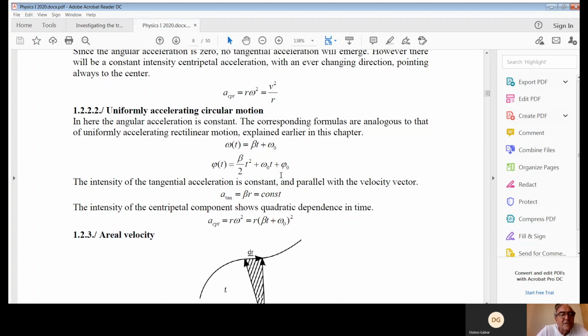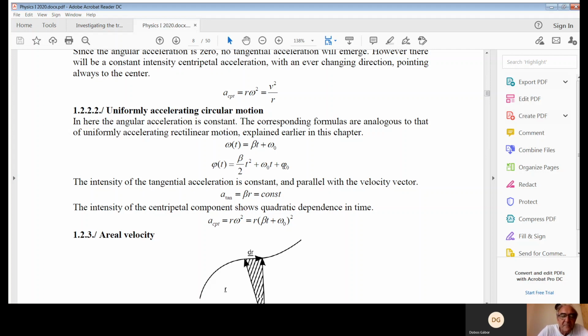Now comes the next point, uniformly accelerating circular motion. In here, the angular acceleration is constant. Corresponding formulas are analogous to the uniformly accelerating rectilinear motion explained earlier in this chapter. So this is the omega, which is the linear function of the time, and is integrated by time.